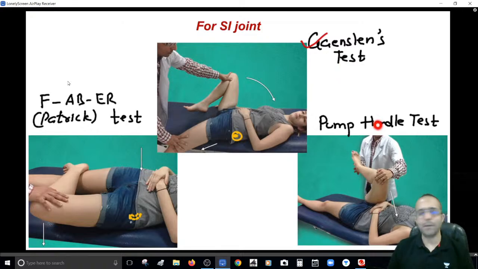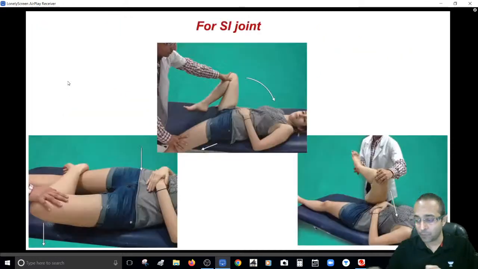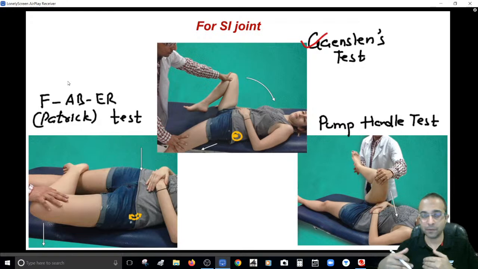And what you simply do in the pump handle test, you flex this knee till the chest, and if there's pain in the SI joint area, the pump handle test is positive. So these are the tests that stress the SI joint and reproduce the pain at the level of the sacroiliac joints. So these are the tests with which you can pick up the sacroiliac joint involvement and the spine involvement. So are you guys clear with it? Ritesh, Nishtha, would you be able to pick up whether the SI joint or the spine is involved in case of ankylosing spondylitis or not by performing these very simple tests?